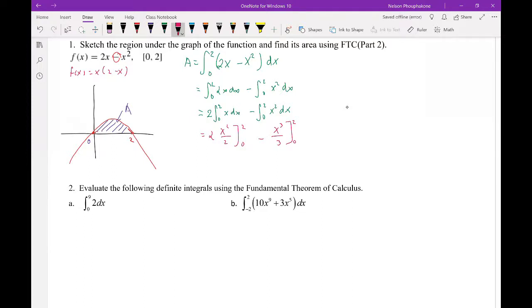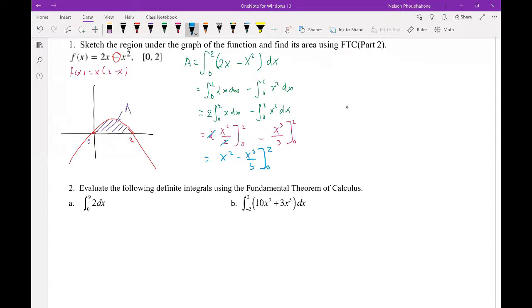Okay, then, of course, in this case, you will see that the 2 and 2 cancel out. Now, one thing about this is we could actually combine them together. So I will have x squared minus x to the power 3 over 3, integrate between 0 and 2.